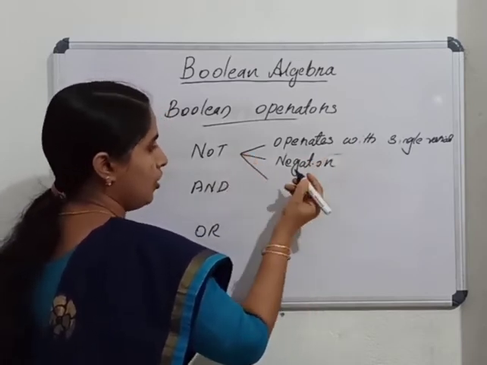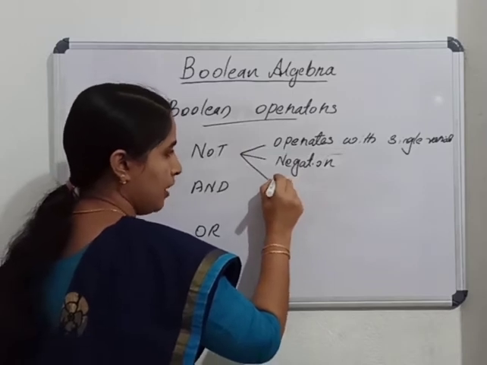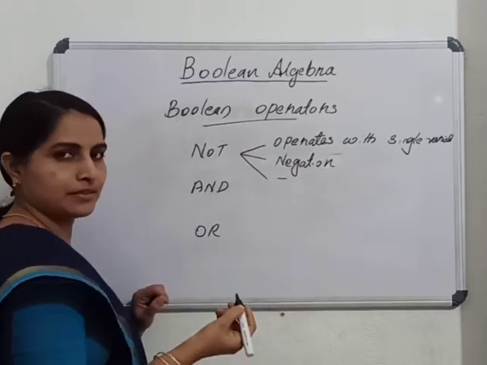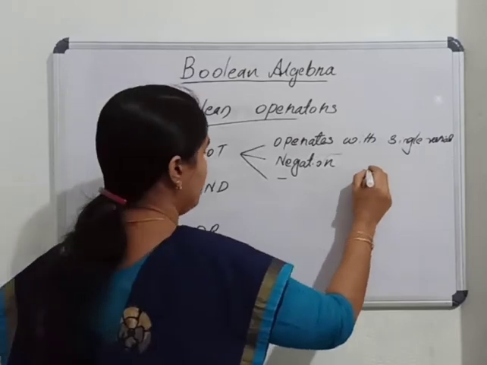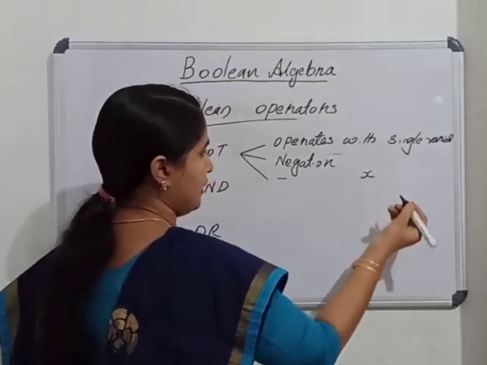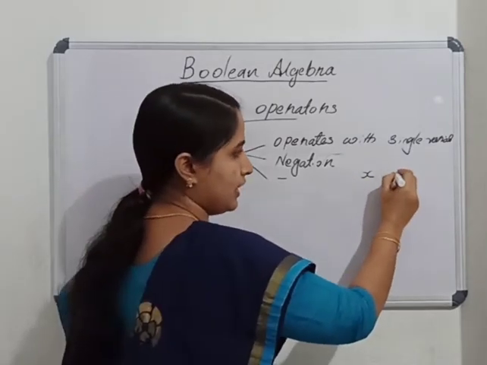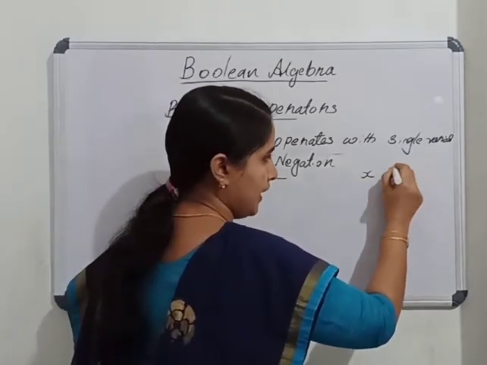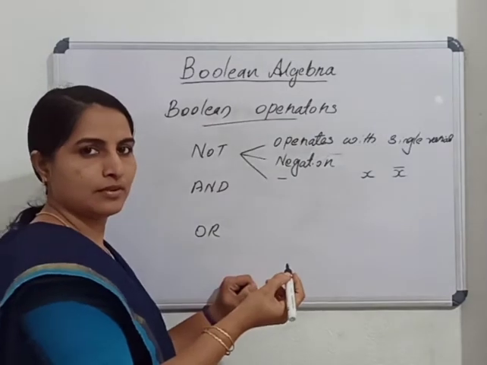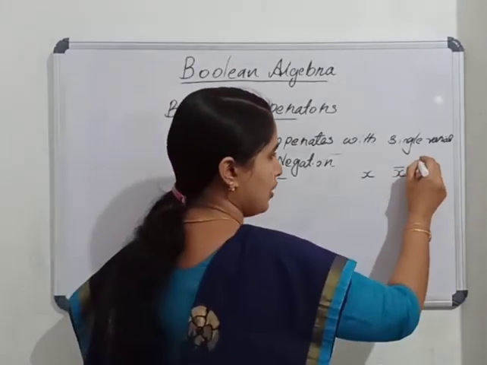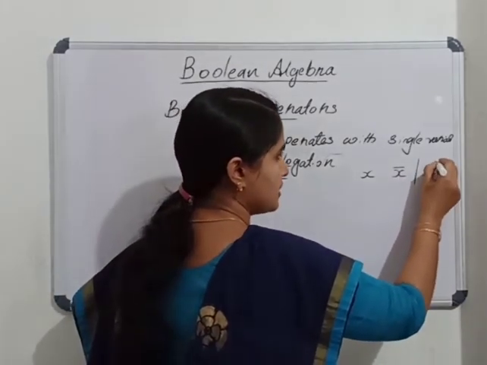And it is denoted with a bar or a complement. For example, if x is your variable, then how can we represent not x? The not x can be represented this way, x bar. Or instead of this we can represent it as x bar.